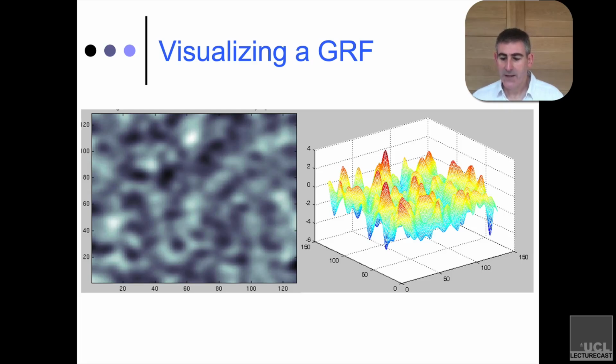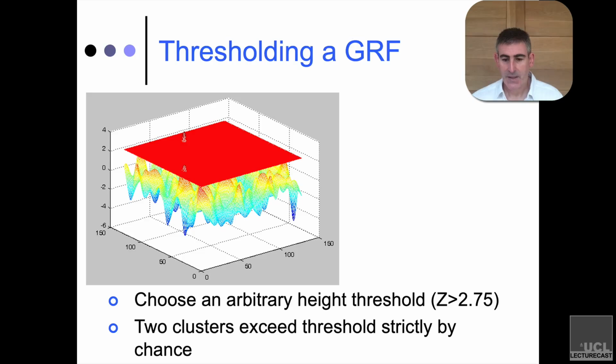It's useful to be able to visualize the data in different ways, because now that we have this mountainous visualization, we can look at how we would threshold this. If we were to put a plane across it, we can see which peaks exceed that by chance. So if I chose an arbitrary threshold, where the values on the z-axis are z-scores just to make life simple, what if I thresholded this at a z of 2.75?